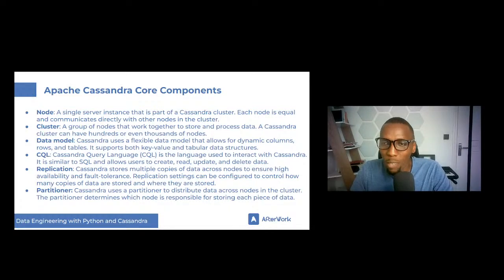Now, when it comes to interacting with data inside Cassandra, you can query or retrieve the data using a language called CQL. It's just like the way you have SQL on relational databases, but when working with Cassandra, you have what is called CQL, which is Cassandra Query Language. It's very similar to SQL.